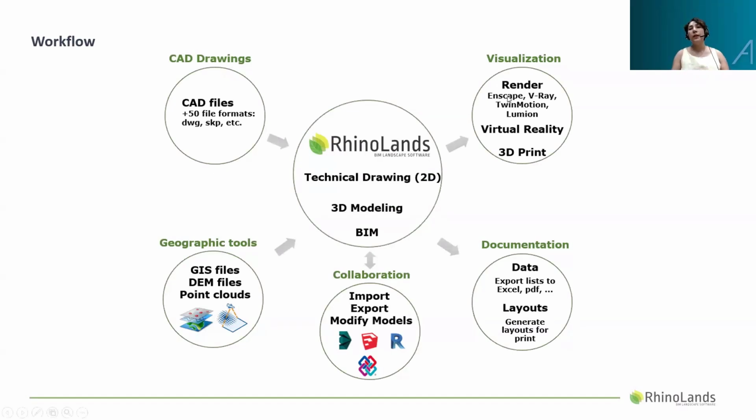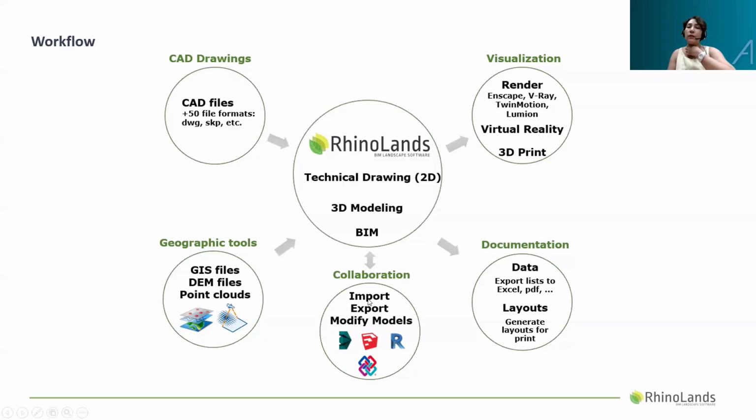Continuing to visualization, you can apply a compatible renderer like Enscape, V-Ray, Twinmotion, or Lumion, or use virtual reality headsets, or print your project with a 3D printer. For documentation, you export the lists generated by the program to Excel or to PDF. And you can also produce your layouts inside the program.